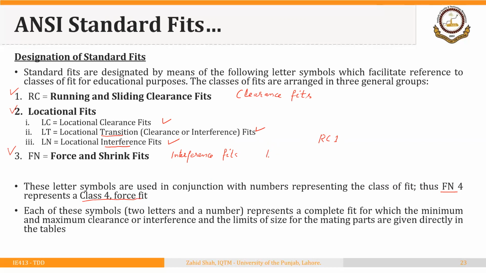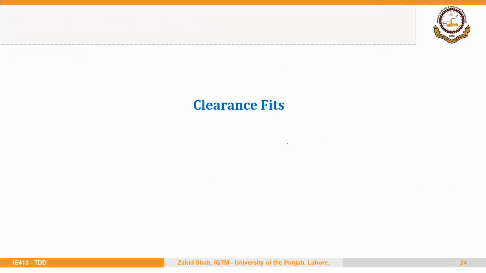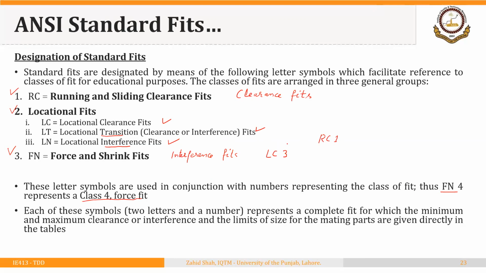Similarly, LC3, for example, will mean class 3 locational clearance fit. First we will discuss clearance fits, that is RC fits and LC fits. C designates the type of fit, that is clearance, T stands for transition, and N designates interference fits.